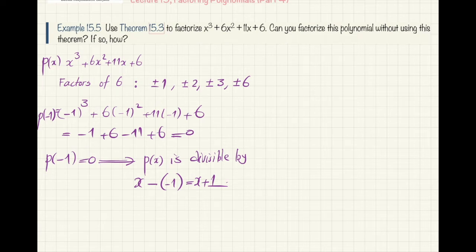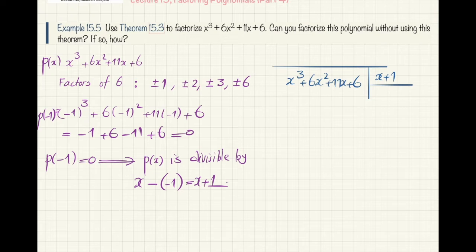So let me just do it here. I would write x to the 3 plus 6x to the 2 plus 11x and then plus 6, and then I divide this by x plus 1, and I do the long division. So let us do it.